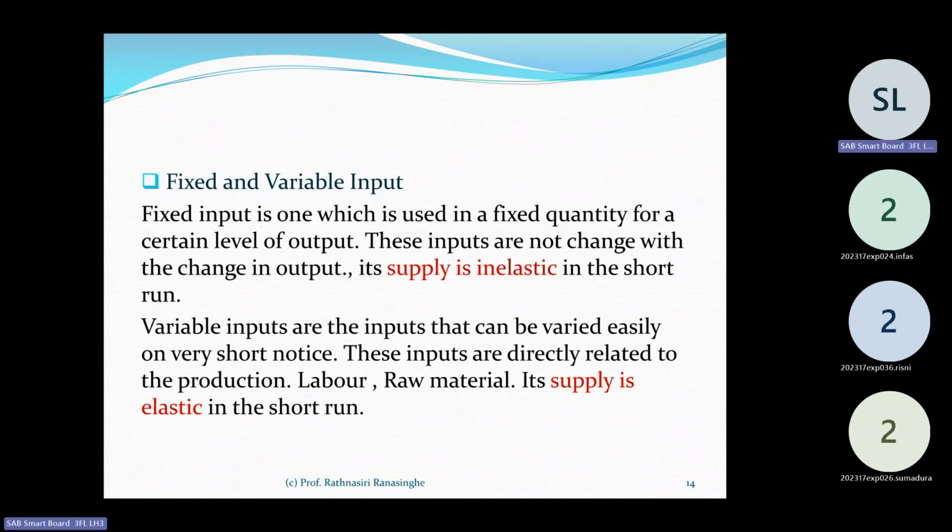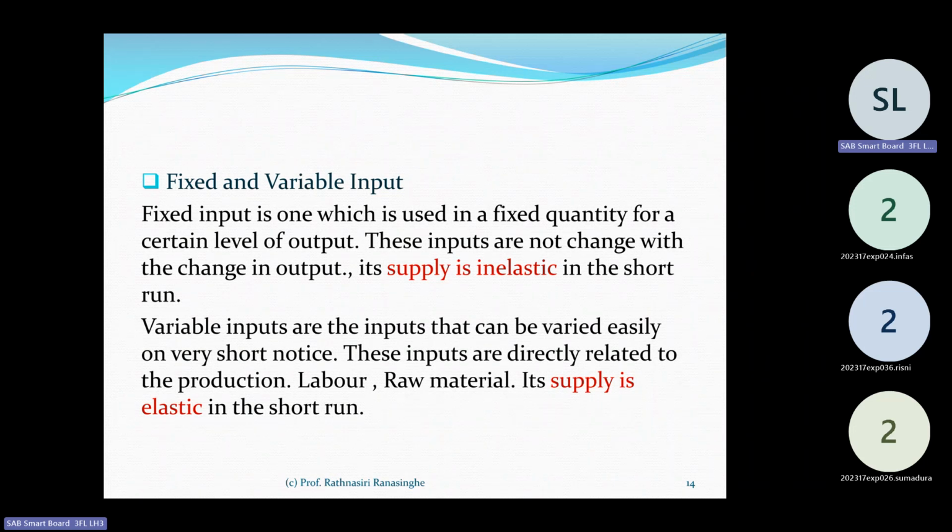Fixed inputs are constant; their supply is inelastic, right? We cannot change the supply of fixed inputs at short notice. But variable inputs, we can change at short notice. Supply is elastic, right? So we can identify those.